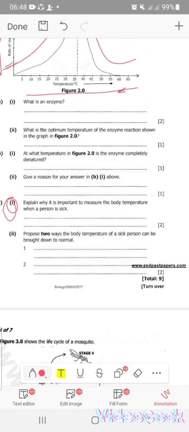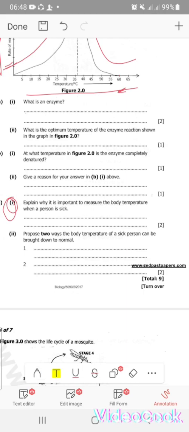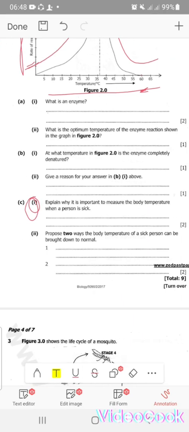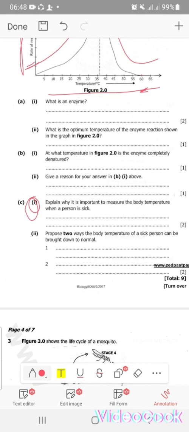Then Roman numeral 2C. Propose 2 ways the body temperature of a sick person can be brought down to normal. The body temperature can be brought down to normal by taking a cold bath. We're going to shower or bathroom, just use bathtub.